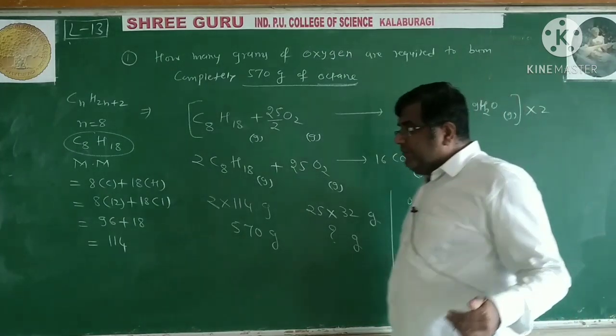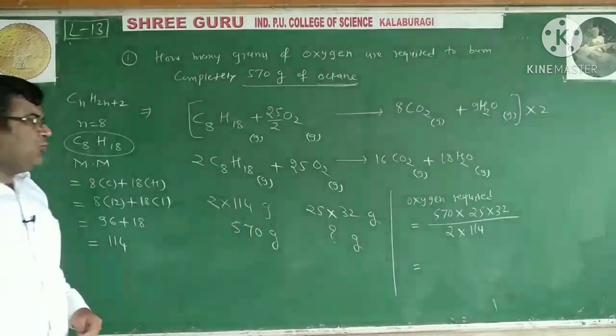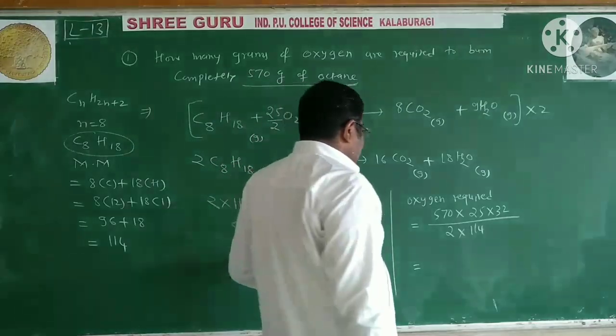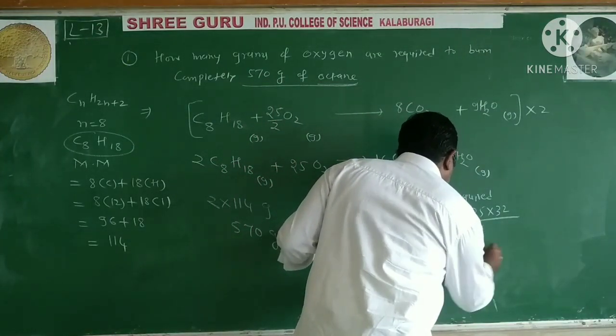So if we simplify these numbers, what we get is 2000 gram. So the oxygen required is 2000 gram.